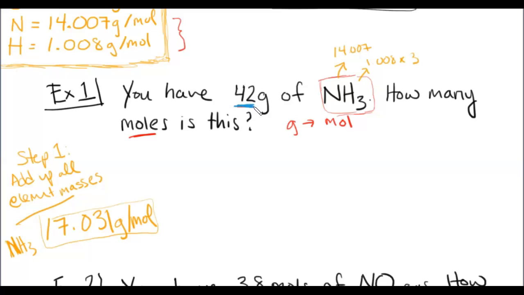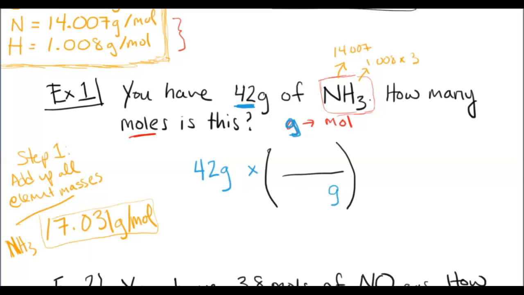So we have 42 grams times our conversion factor. Remember that grams is going to go in the bottom here, because we're going to try to cancel the grams.